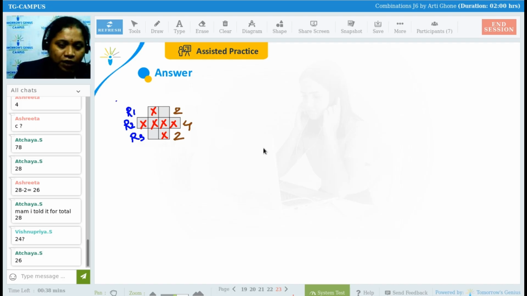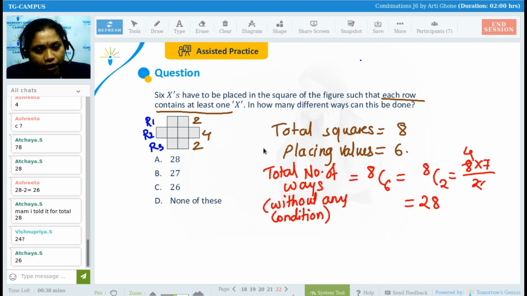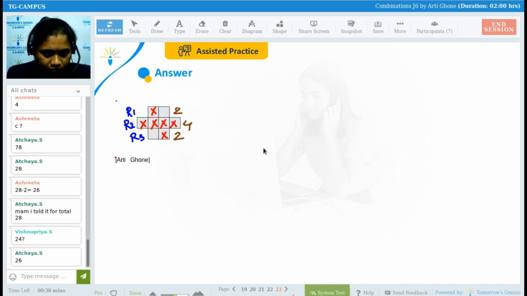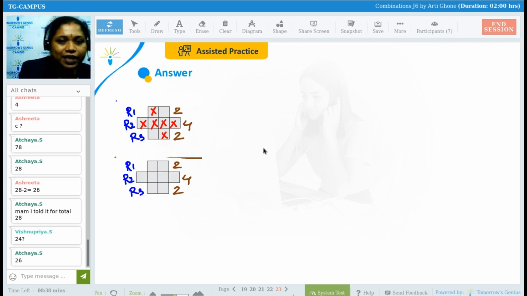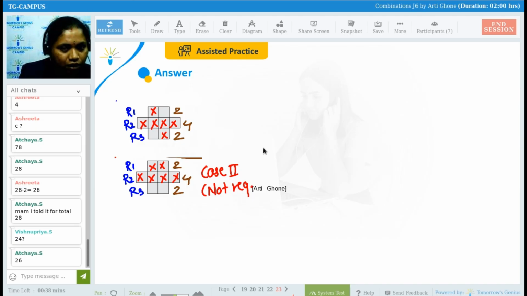Clear? One more case is not acceptable in this manner. If I take this one, but if I take this case 2, is it acceptable? Then R3 remains vacant, which is not acceptable. Not required. Clear?